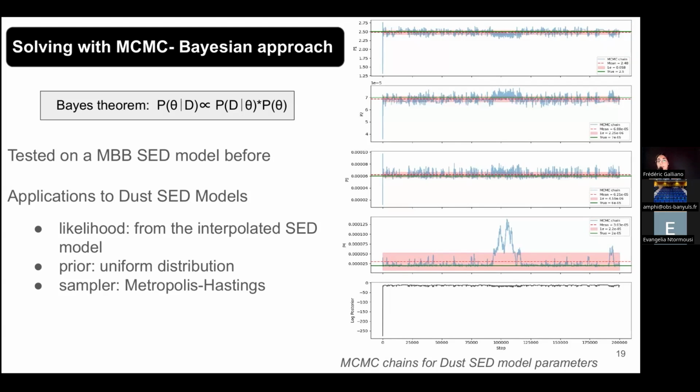In particular, we have done the Bayesian approach. We tested that on the MBB. That is quite simple because we have an analytical model, but we also did that on the DustEM model.